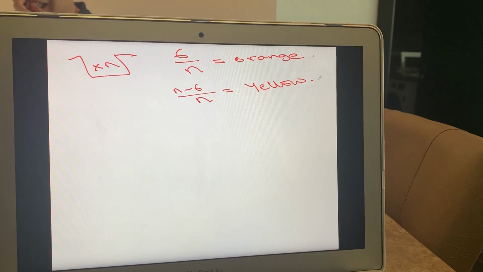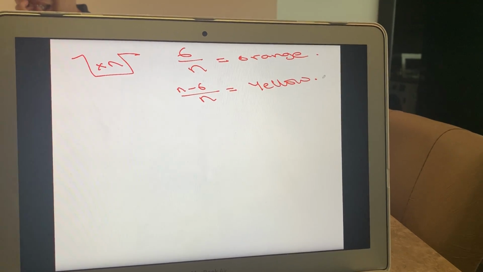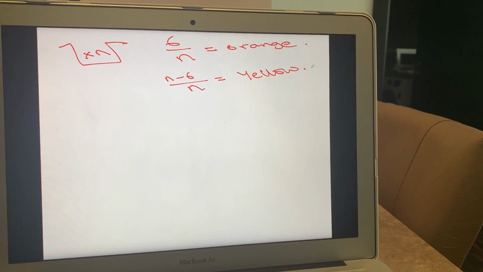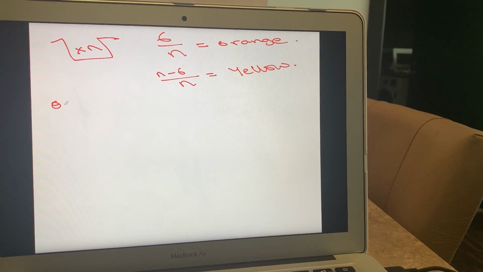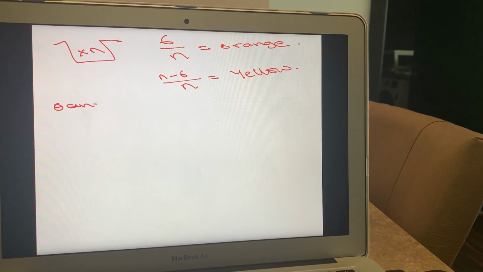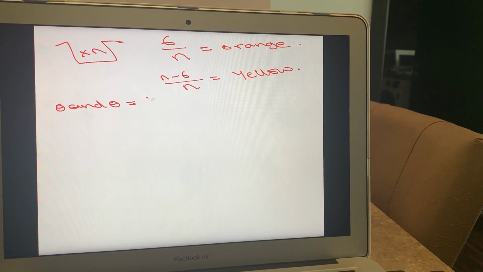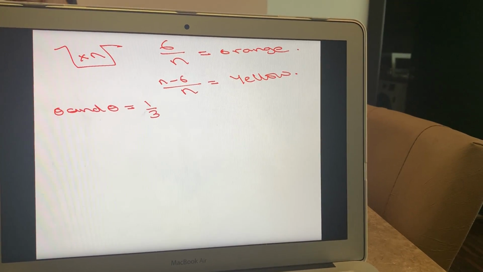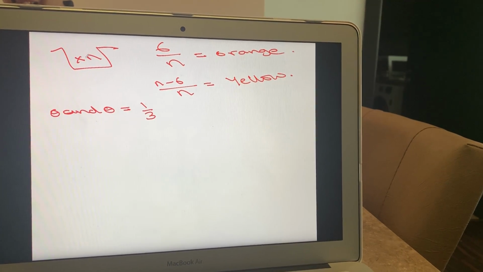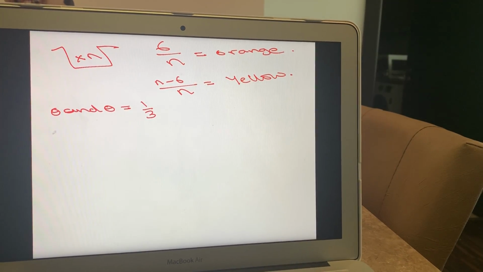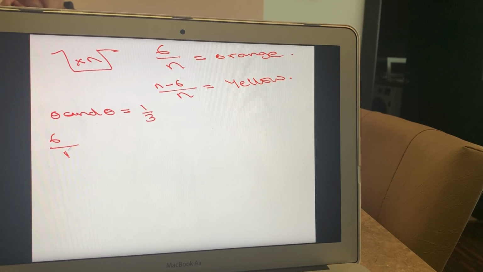Now the question says the probability that Hannah eats 2 orange sweets is 1/3. So orange and orange equals 1/3. The probability that she picks an orange sweet at random is 6/n.